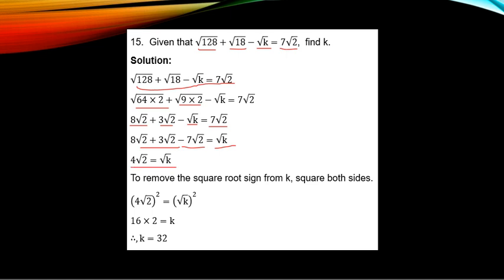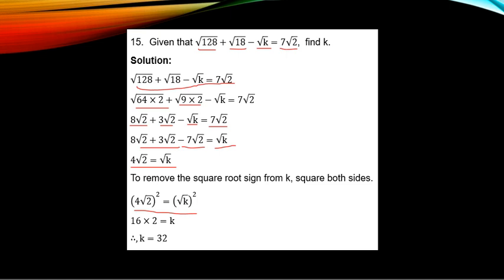To remove the square root sign from k, you have to square both sides. It is only square that can remove square root, and it's only square root that can counter square. So you take squares of both sides in this form. The first side, the square affects 4. 4 square means 4 times 4, 16.